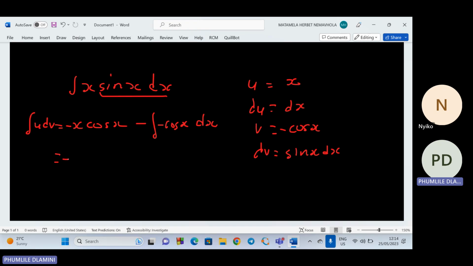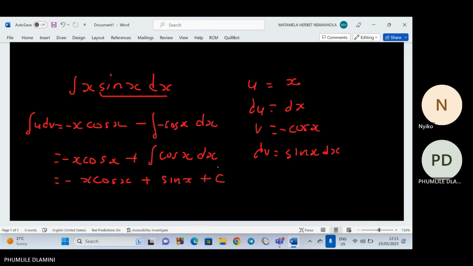So now when we simplify, this is going to be negative x cos x plus, this negative here is going to come outside, plus the integral of cos x dx. But we know that the integral of cos x is sin x. So this is going to be negative x cos x plus sin x plus a constant. So we just got the value of the integral of x sin x dx.